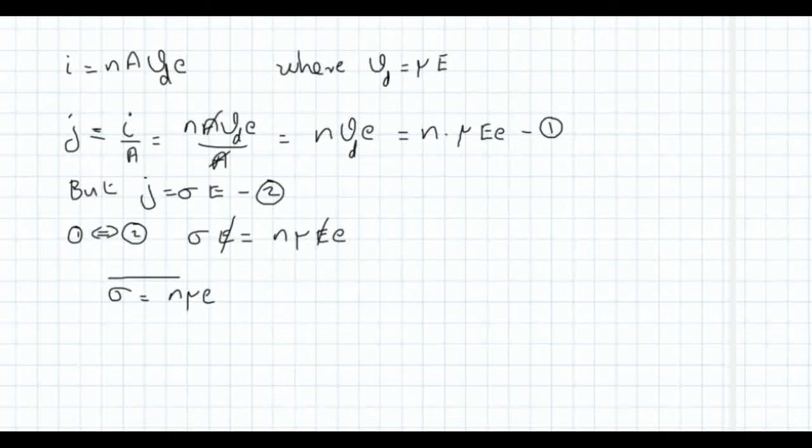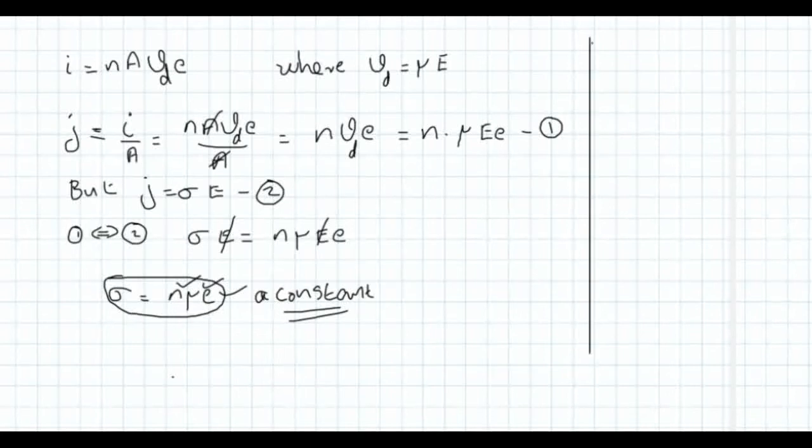Therefore sigma is equal to n e mu, right? Here n is the number density, mu is the mobility, and e is the charge of the electron, which is a constant. So all the three terms are constant, therefore sigma will be a constant.